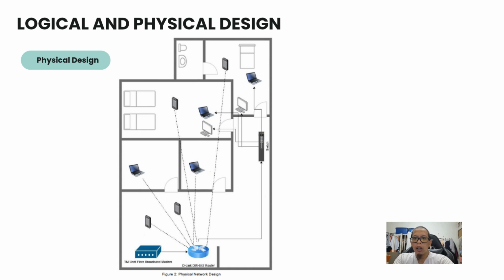In a real scenario, I use around 8 to 10 meters to connect to the switch installed on the second floor. The switch on the second floor connects to 2 desktop PCs and 2 laptops. There are also 2 smartphones on the second floor, which connect directly to the router on the first floor.